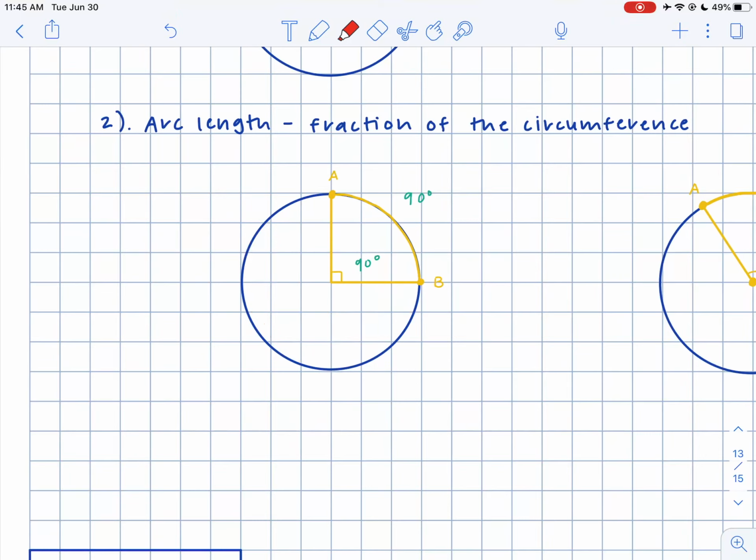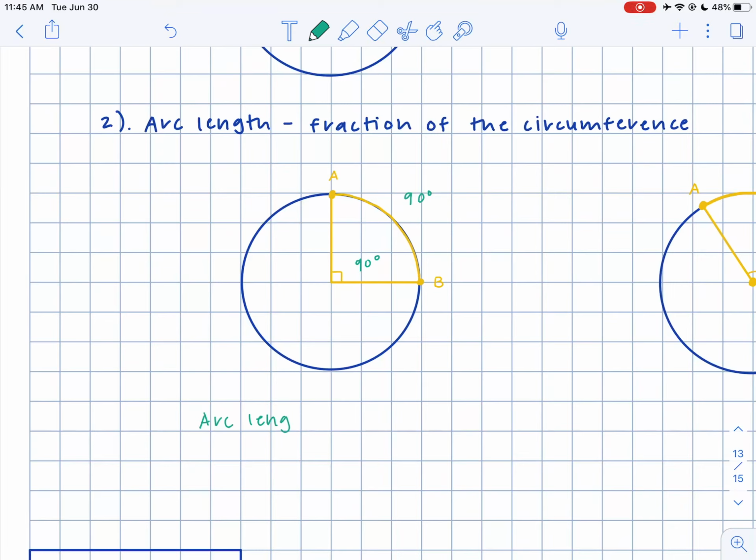Just imagine pizza slices. You have 4 pizza slices, and this yellow arc would be 1 pizza slice out of 4. So arc AB makes up 1/4 of the entire circumference.